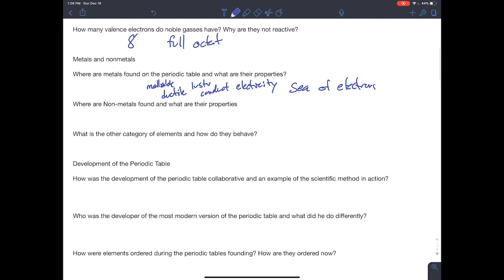Nonmetals, we just talked about where they're found. These are often gases at room temperature or liquid. They have higher electronegativities, and all that sort of stuff that you can see in your notebook if you need to. Nonmetals tend to form covalent bonds with each other or ionic bonds with metals. Metalloids in the middle have properties of both.